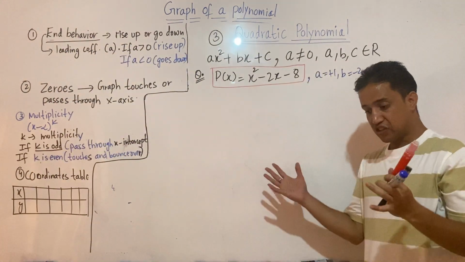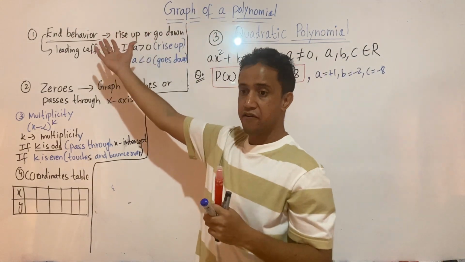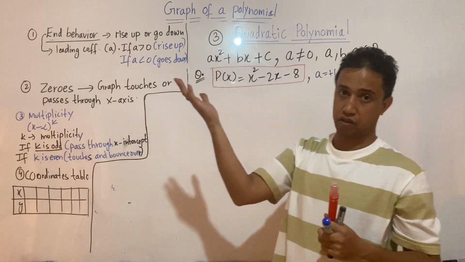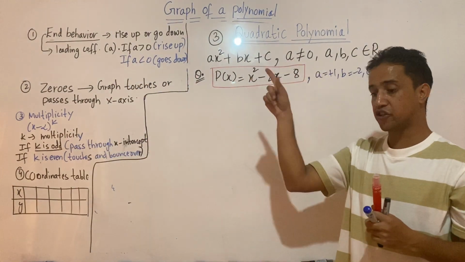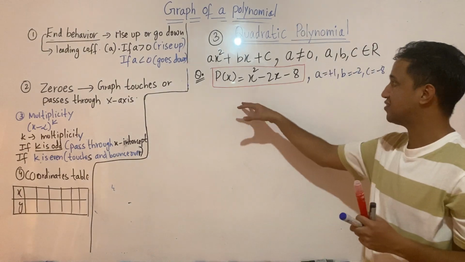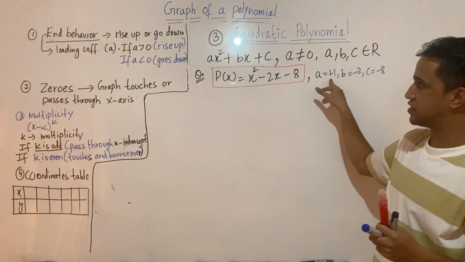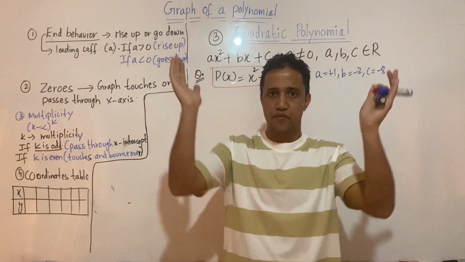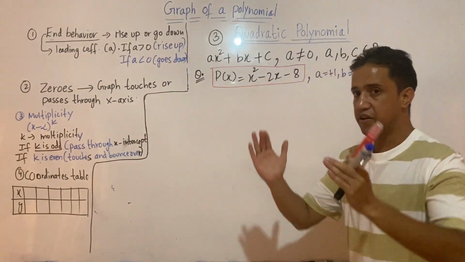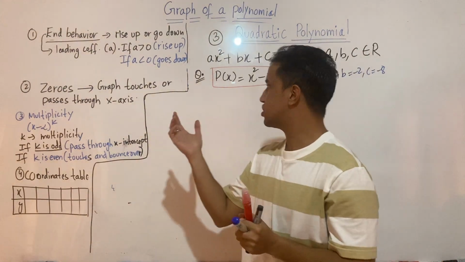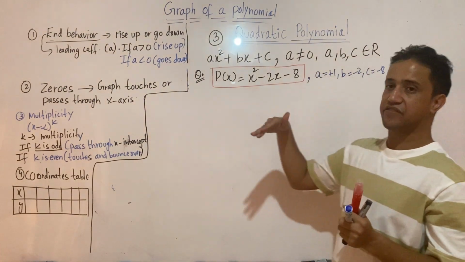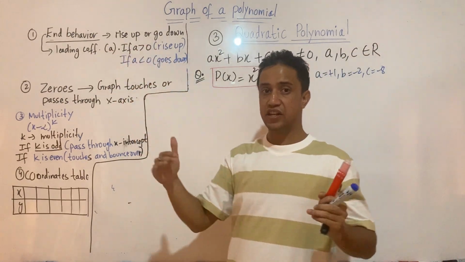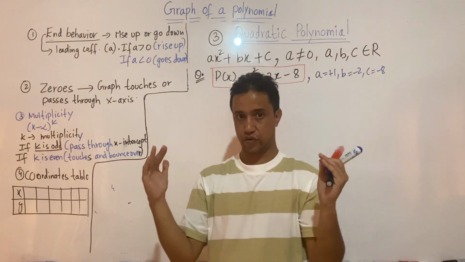Now when they start finding the end behavior of a polynomial, generally they look at a. If a is positive, then we know your graph will rise up, okay? And when a is negative, your graph will go down, okay?